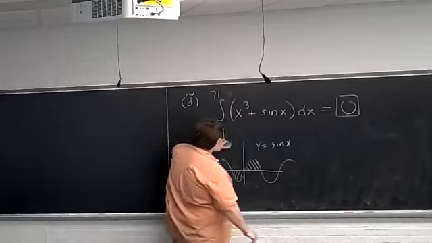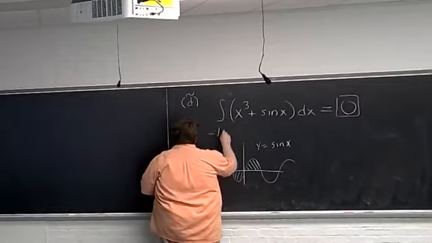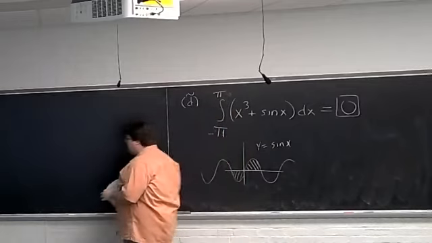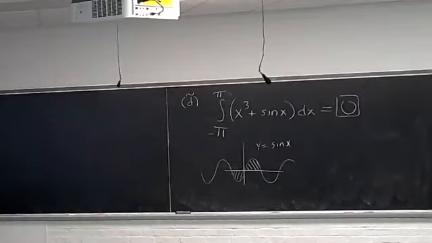So maybe something like this. Negative pi to pi. Now that computation isn't that bad. So if you didn't make the odd observation for that, then you wouldn't have had to use too much extra time.